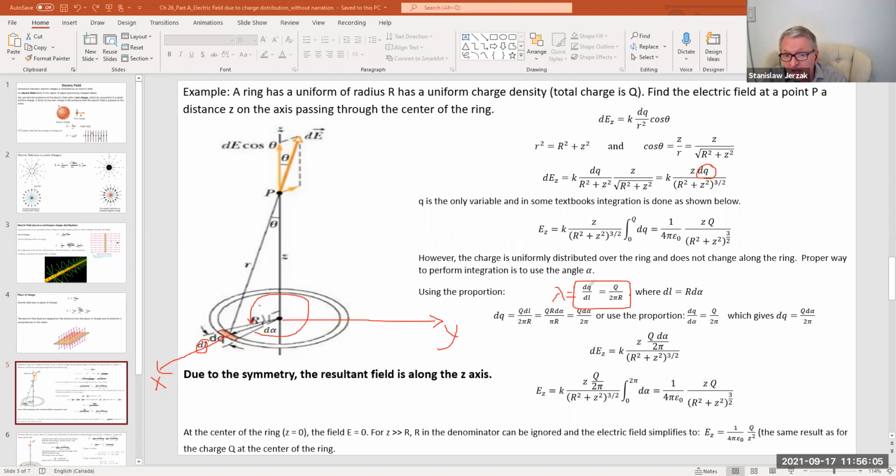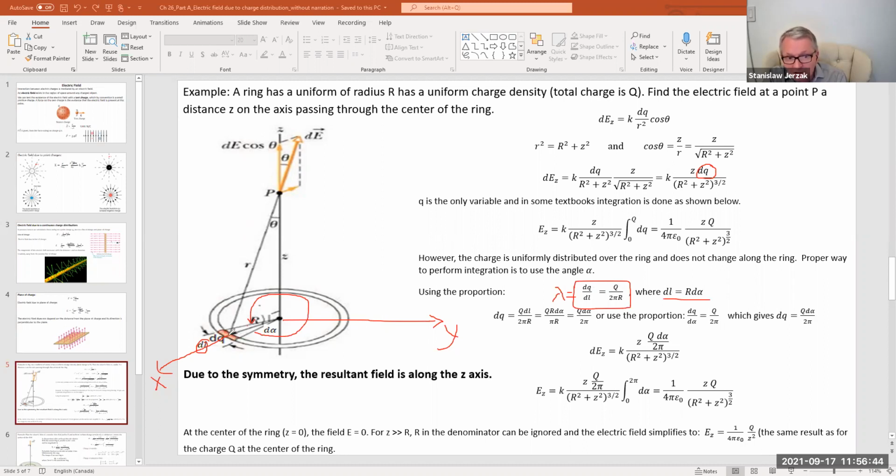So lambda can be written as dq over dl, and lambda can also be written as capital Q, the total charge on the ring, divided by the total length of the ring, which is the circumference, 2 pi r, right? So Q divided by 2 pi r is lambda, and dq over dl is lambda. Then from this proportion, dq can be written in terms of dl. But instead of dl, which is a little length, I have written here r d alpha.